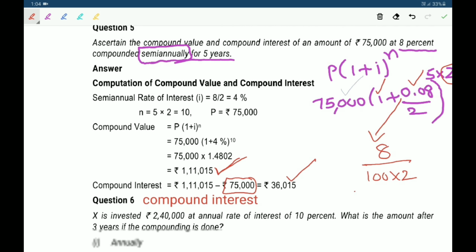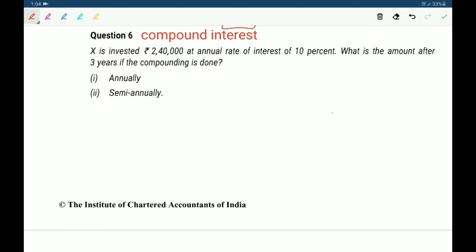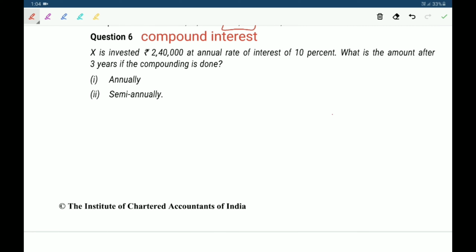Okay, next, sixth problem. It is also the same as the first problem, annually, semi-annually asking. X invests 2,40,000 at an annual rate of interest of 10%. What is the amount after 3 years if the compounding is done annually, semi-annually?